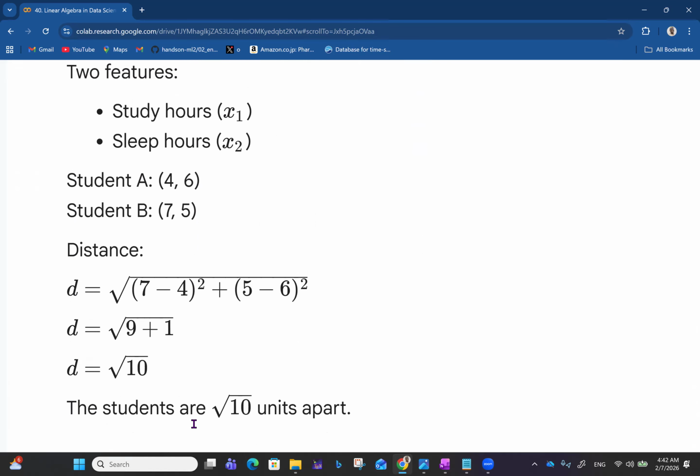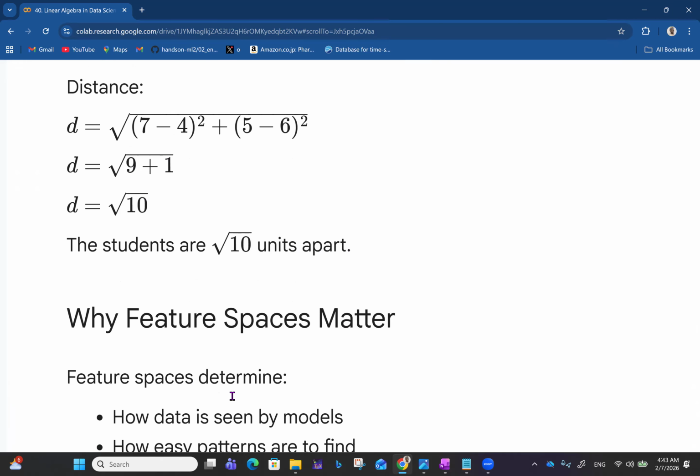You can find the distance apart of these students, like in the form of some kind of magnitude, and then you say d is the square root of (7 minus 4) squared plus (5 minus 6) squared, and that gives 9 plus 1, and that's root 10. So the students are root 10 units apart. So this is like the magnitude of separation between these students, if that is a measure of maybe their performance or something.